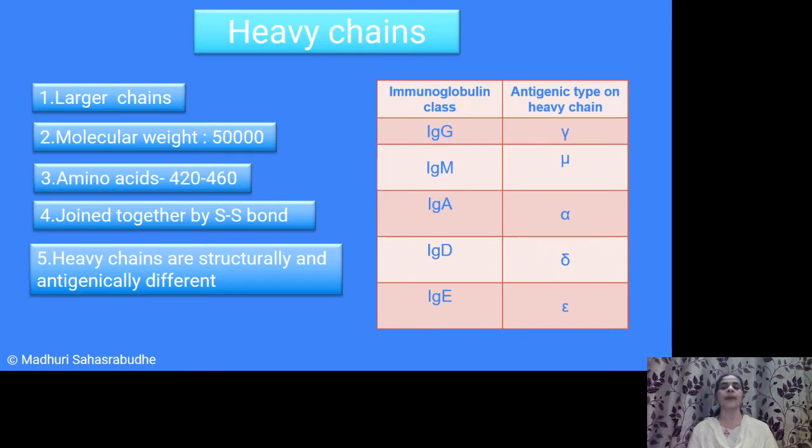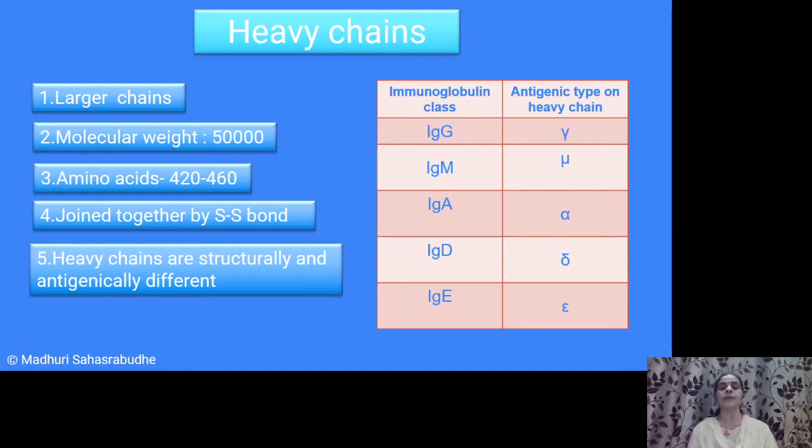IgA: the antigen determinant on the heavy chain of this type is alpha, and therefore it is called IgA. IgD: the antigen determinant on the heavy chain is delta, and therefore it is called IgD. IgE: the antigen determinant on the heavy chain is epsilon, and therefore it is called IgE.